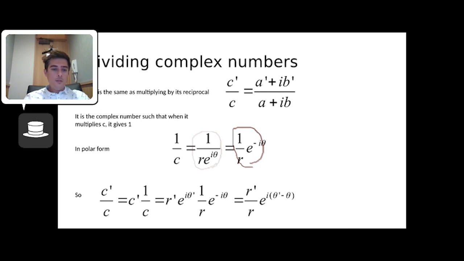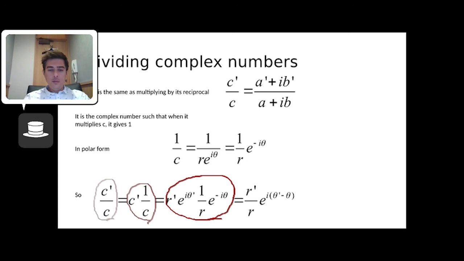Now we can do a little bit of simplifying, because this division that we were trying to do is equal to c prime divided by c, which is then equal to this. So we've got the magnitudes of the complex numbers: r prime divided by r.